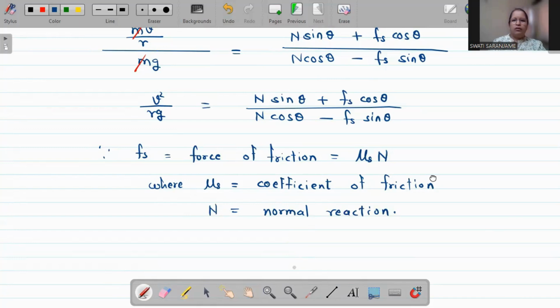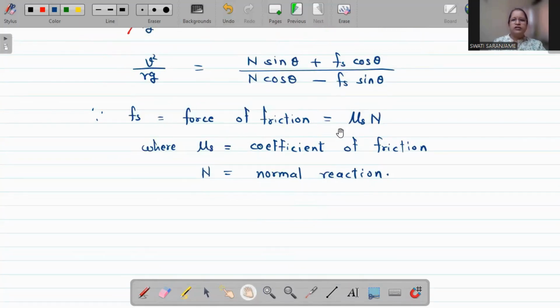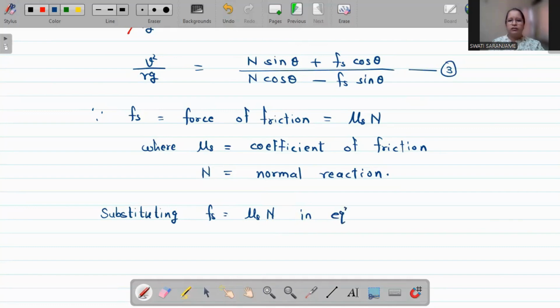So substituting Fs equal to mu s N in equation 3.